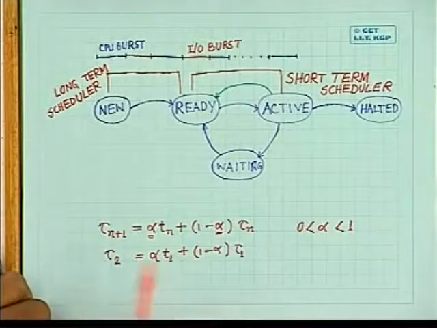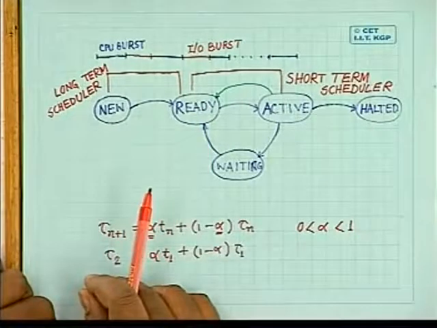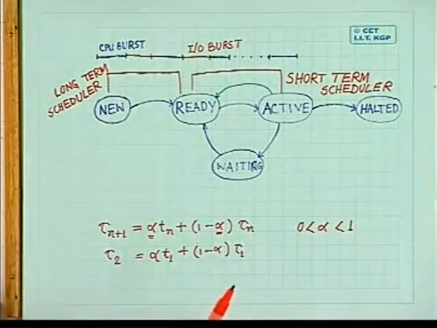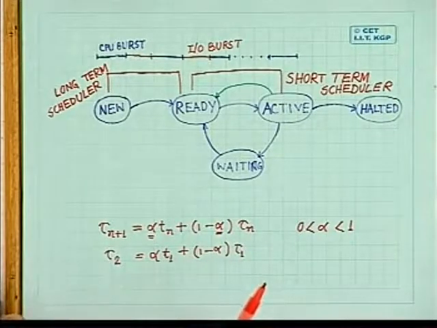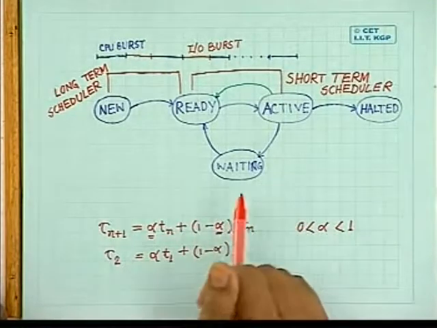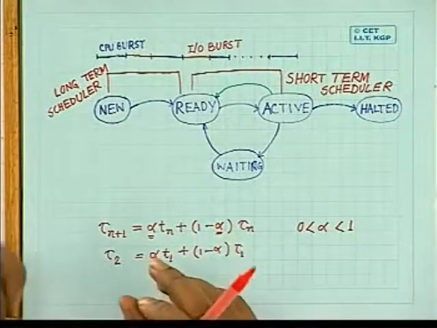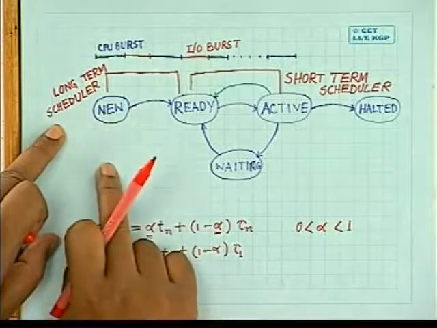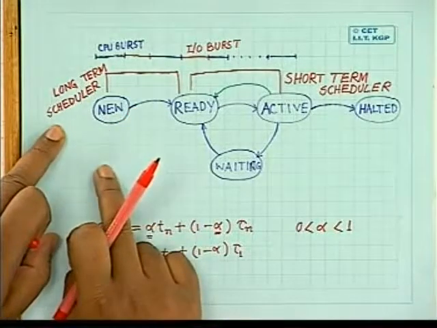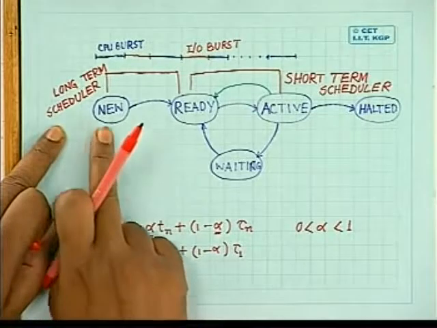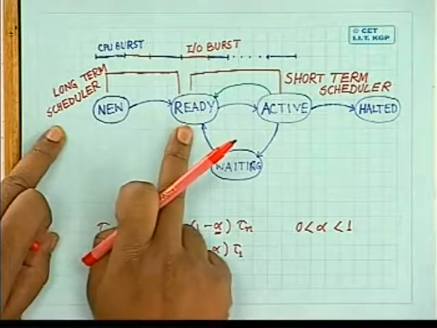As I said, in the ready queue I don't want all the jobs to be CPU bound or all IO bound, because in that case one of the resources will become idle. So in the ready queue, I should have a proper mixture of CPU bound and IO bound jobs. And it is the responsibility of the long term scheduler to decide, if there are many jobs in the new state, which of those jobs should be pushed into the ready state.